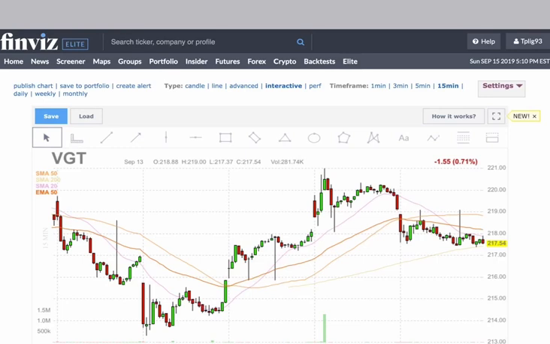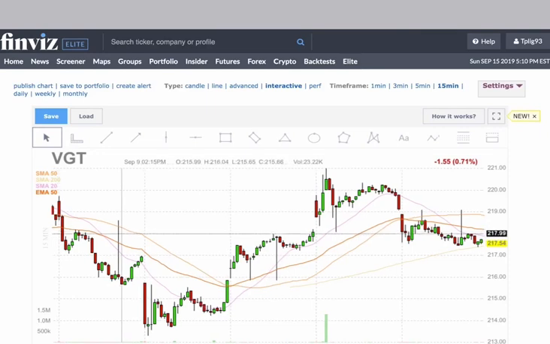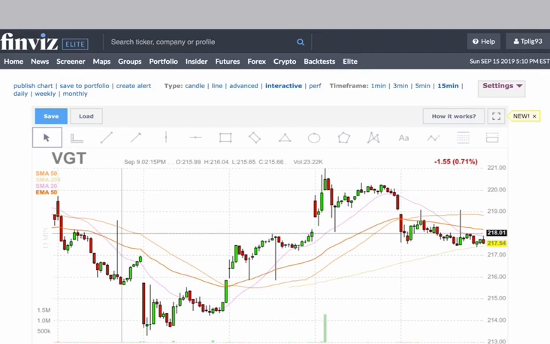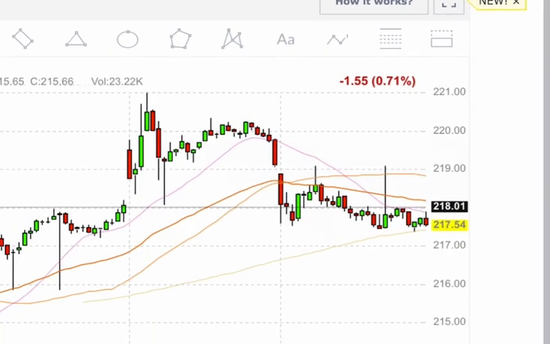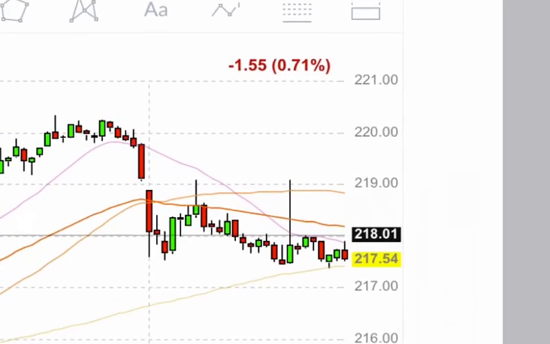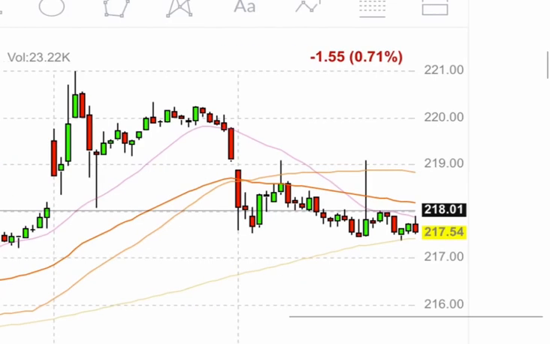This is a 15-minute chart here, and this is just a random stock chart. See 218 there? It's a very strong level. Obviously it failed up at 218 again on this downtrend that I was looking at. That was the 3-minute chart I was just looking at.